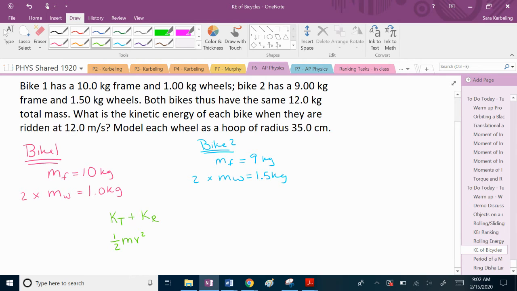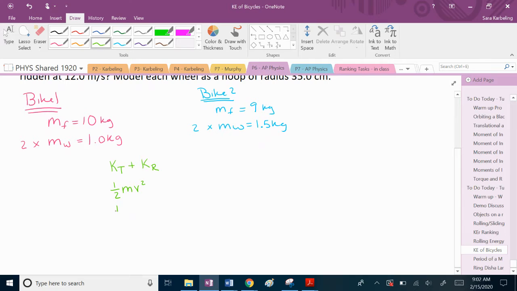So that is 1/2 times the mass of the frame plus 2 times the mass of the wheel, times the translational velocity squared. Both of these bikes have a translational velocity of 12 meters per second.